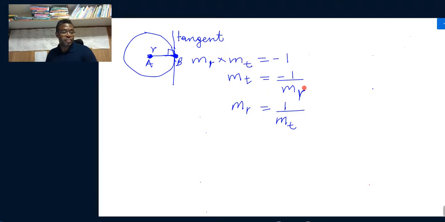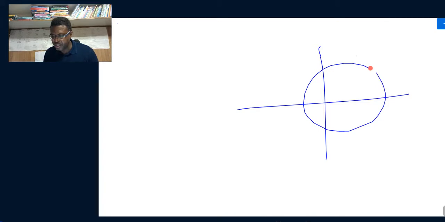You'll be given points, or you'll be given the gradient. And then the other thing, we also talk about the intersection points, right? Here is your Cartesian plane, and here is the circle, and here is the line. You want to know what these points are.